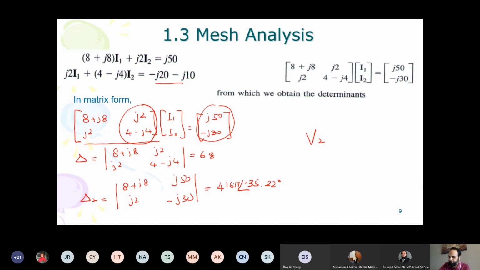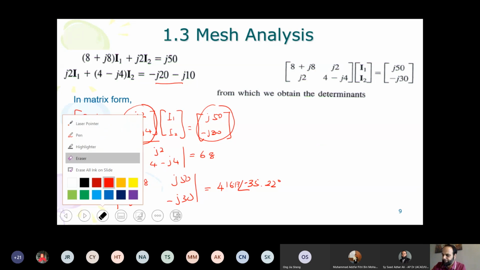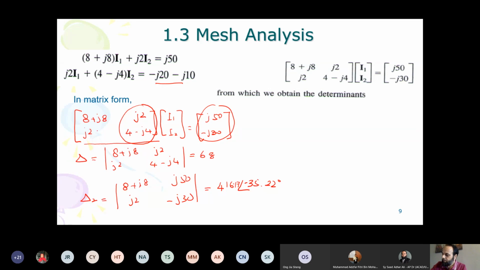and I2, sorry, I2 would be delta 2 upon delta, like 416.17 angle minus 35.22 divided by delta, which is 68, and I2 is 6.12 angle minus 35.22.